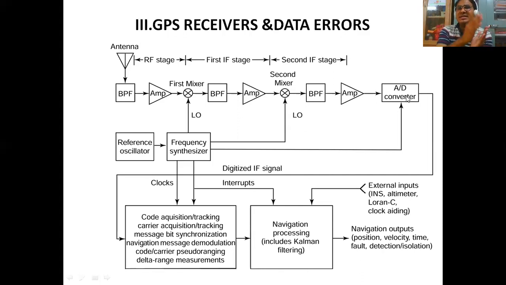And before that, there is a radio frequency stage, the RF stage. So what do we do in the RF stage? The entire modulated signal may not be required. If you draw the frequency spectrum, the side lobes will be there. The side lobes will have very little power, and they can be noisy. If you take all those components into the picture, the signal reception will become more difficult. So it is to be given to a filter.